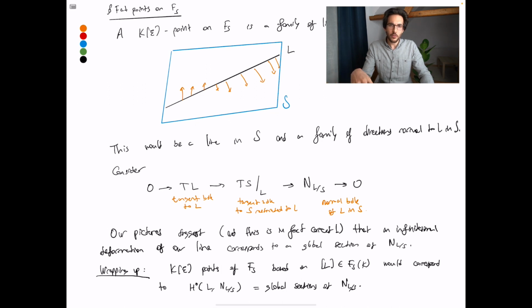But this is a much more general phenomenon. The general statement is this: if you're trying to perturb a subvariety within some other larger variety, let's say in this case it's L inside of S, then first of all, its infinitesimal deformations correspond to the global sections of the normal bundle of the subvariety inside the larger ambient variety.